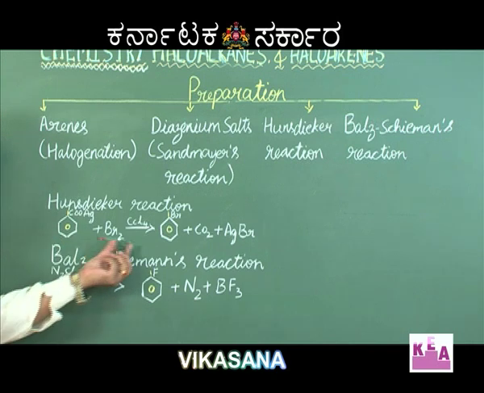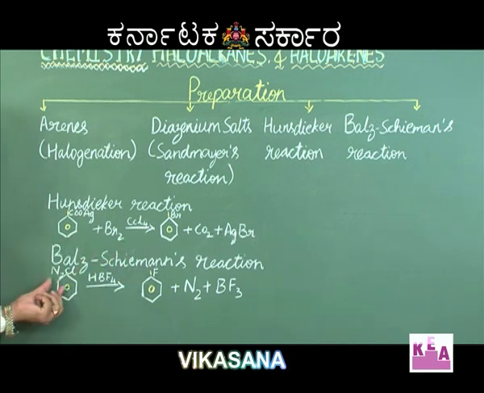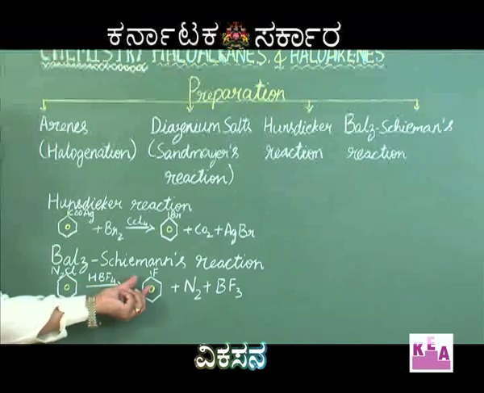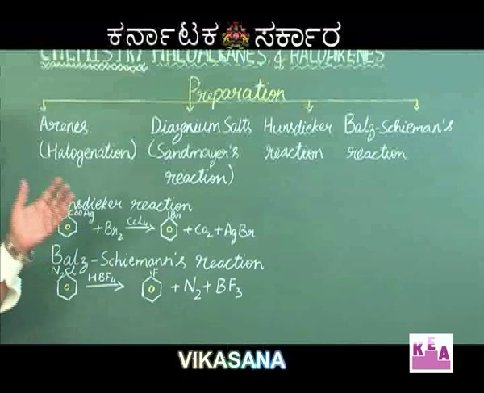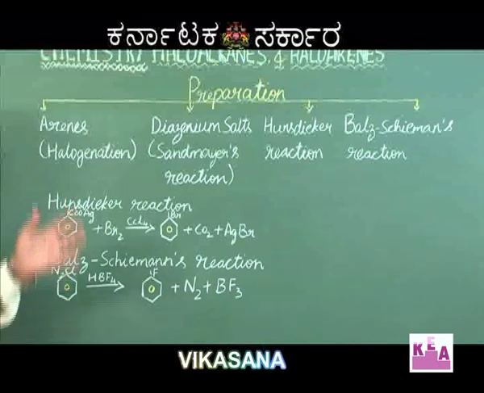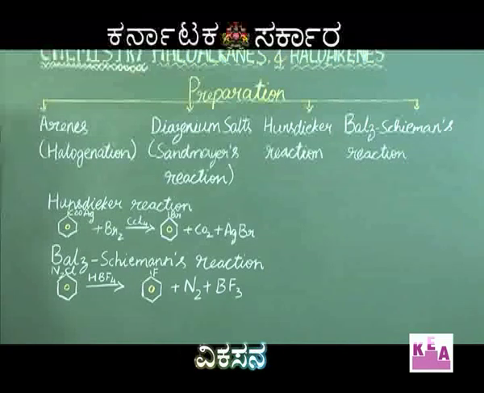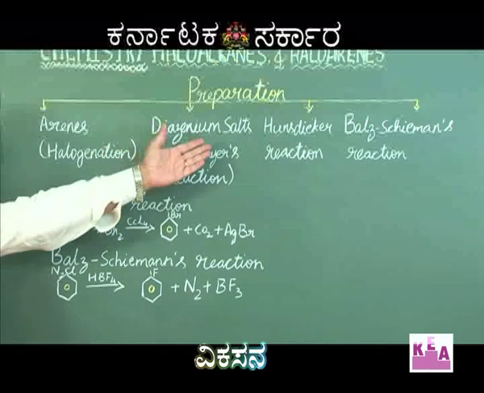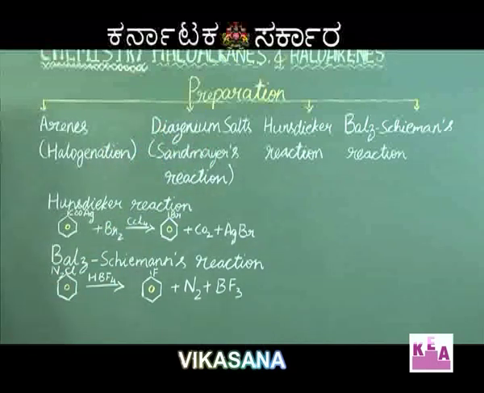In Balz-Schiemann reaction, we have diazonium salt reacting with HBF4 to give fluorobenzene. So, this is how chlorobenzene, bromobenzene and fluorobenzene, the haloarenes, are obtained by different methods like arenes, diazonium salts, Hunsdiecker reaction, Balz-Schiemann reaction, etc.